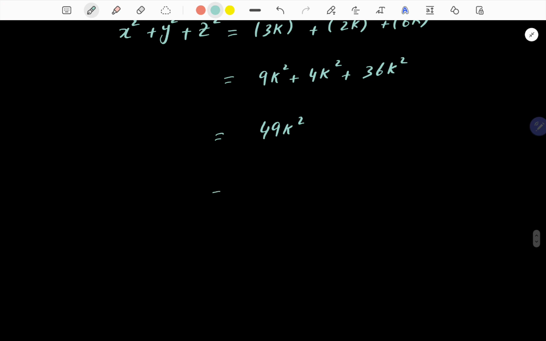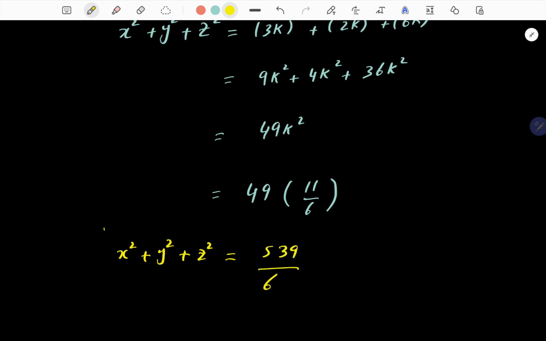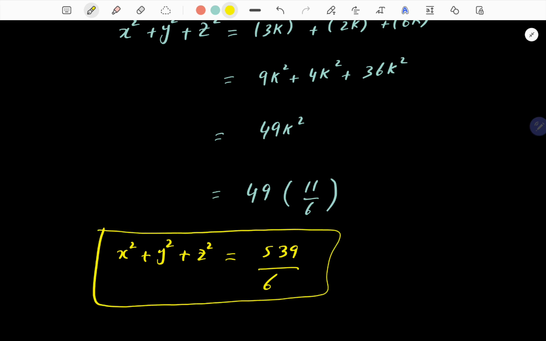So 49 into 11 by 6. So we have x square plus y square plus z square is equal to 539 by 6, which is the required answer.